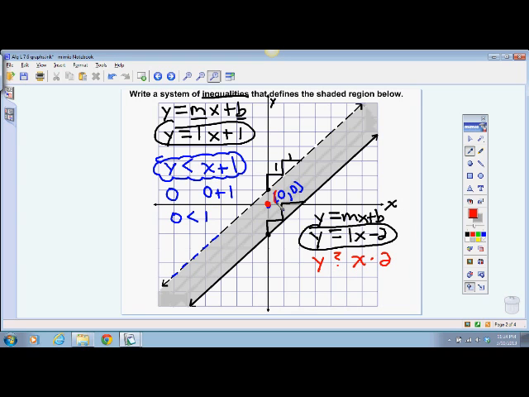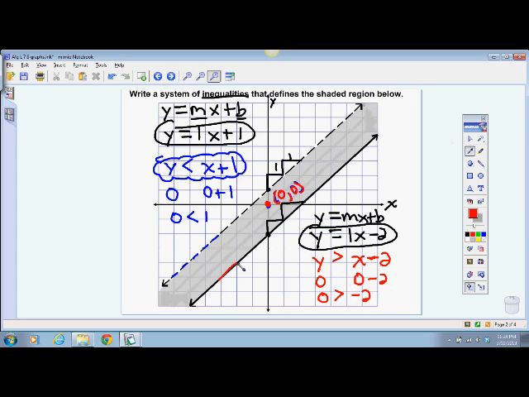If I again use 0, 0, so I'm still plugging in 0, 0, 0 is what to 0 minus 2? Basically, 0 is what to a -2? 0 is greater than a -2. So if 0 is greater than a -2, we know that our equation must be y is greater than x minus 2.